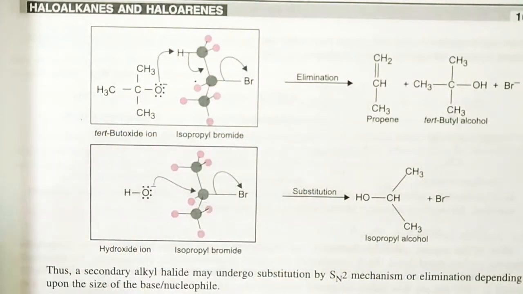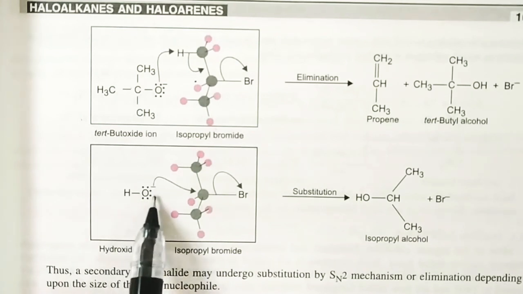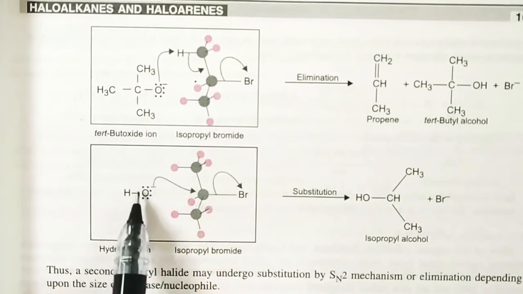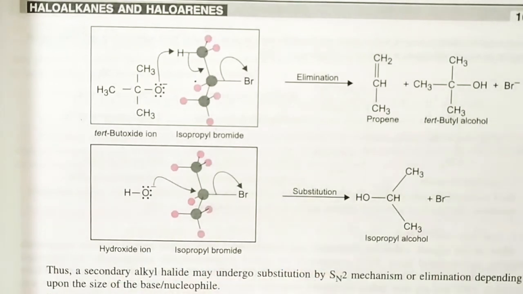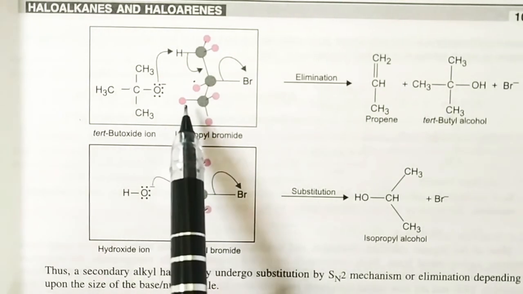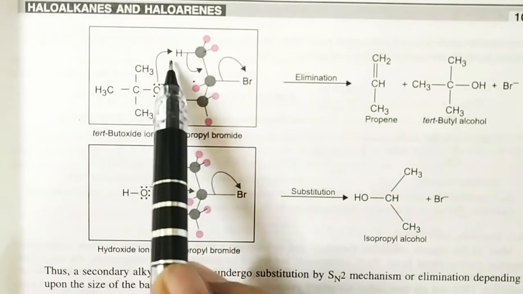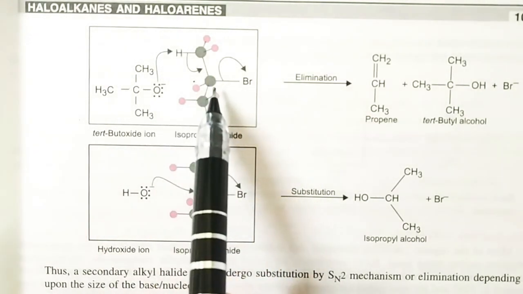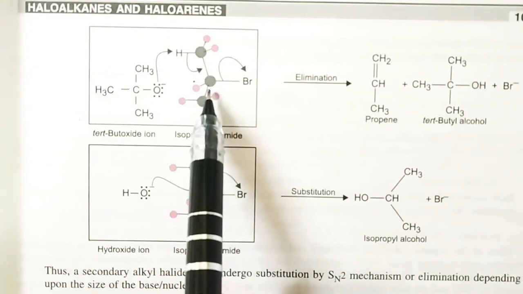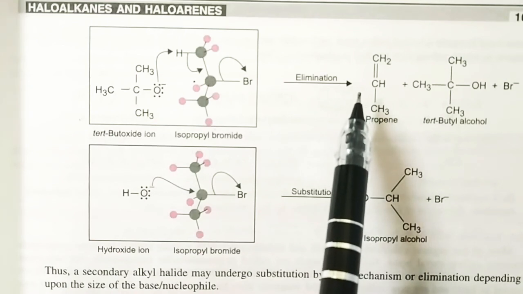While isopropyl bromide reacting with OH minus, OH minus is not that bulky. It's a smaller molecule, so it can back attack the partially positive carbon. So it favors substitution reactions. Once again, due to steric reasons, a bulkier nucleophile will prefer to act as a base, abstracting a proton from the haloalkane to give the elimination product rather than attacking the carbon to form a substitution product.